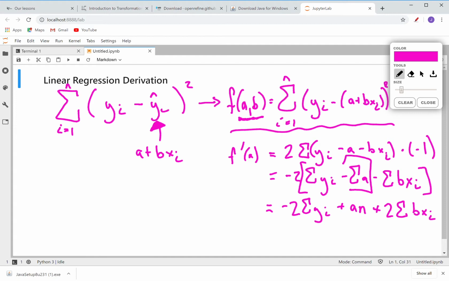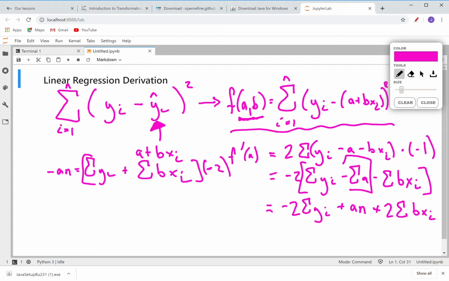And what I'll get is, well, actually, let's go ahead and do that. To solve for a, I can say negative n a equals the sum of y_i plus the sum of b x_i, and I've got this -2 out front here, or wherever I forgot to add it, so there it is. But now I can just go ahead and divide by negative n.